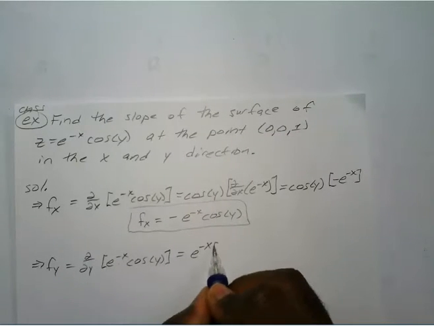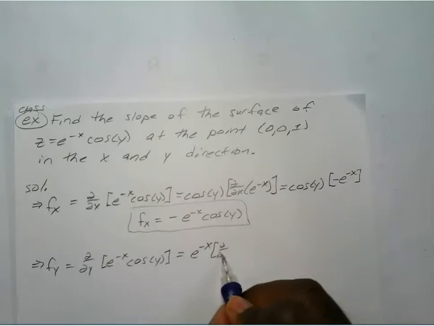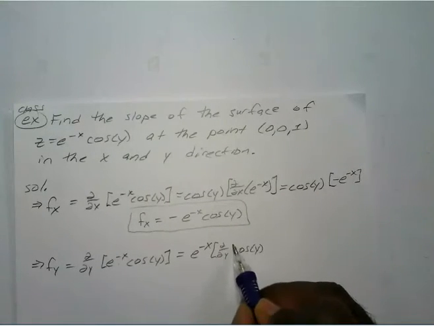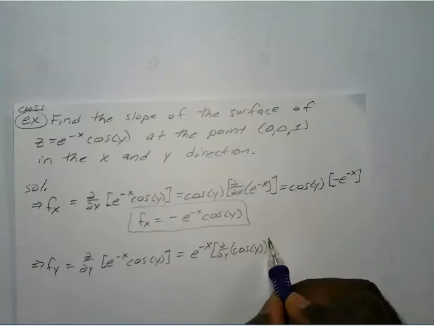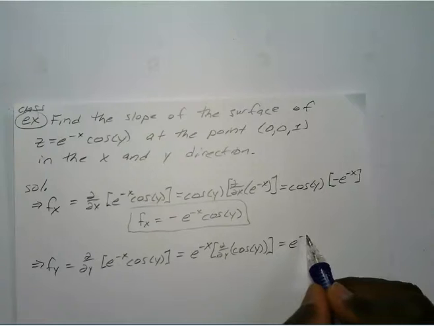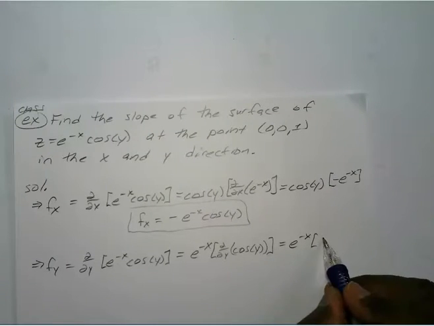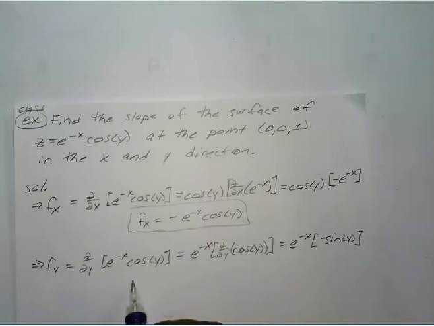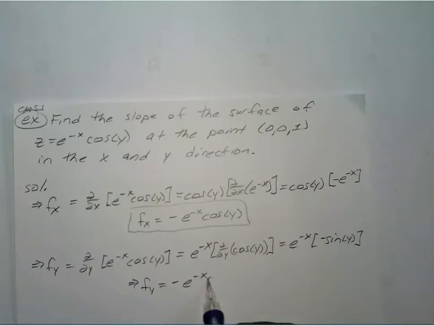We have e to the negative x times the partial with respect to y of cosine y. Okay, derivative of cosine is negative sine, so we end up with e to the negative x times negative sine of y. Okay, so our partial with respect to y is equal to negative e to the negative x sine of y.